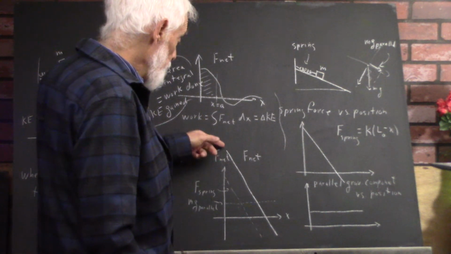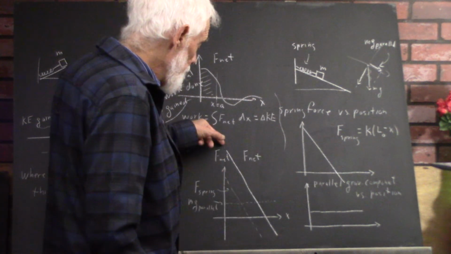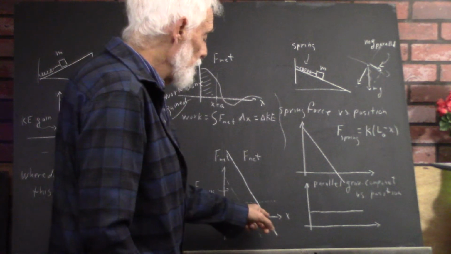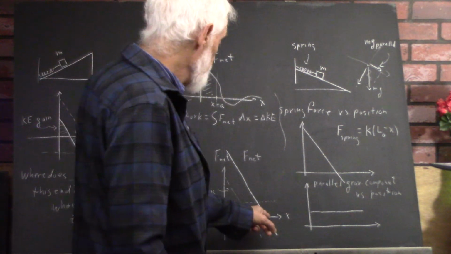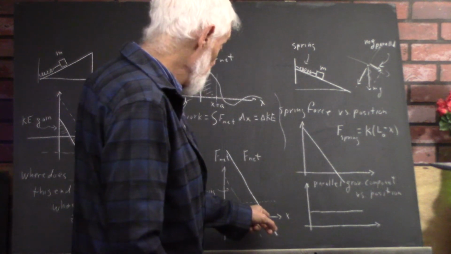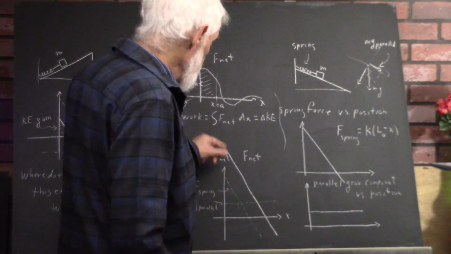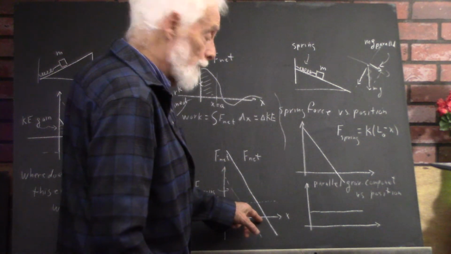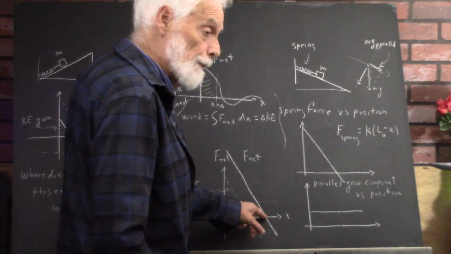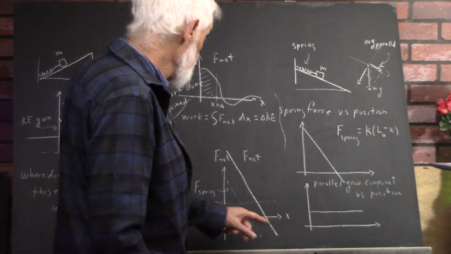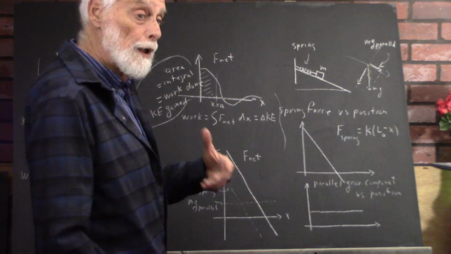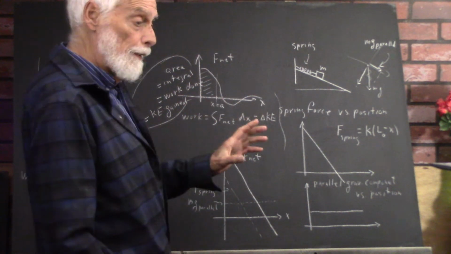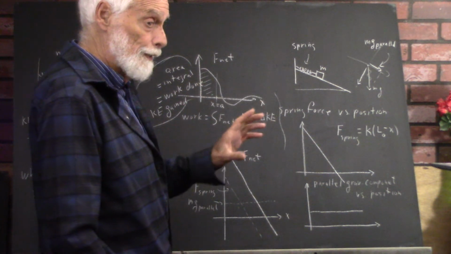The area under here gives you the point at which your kinetic energy starts changing, starts decreasing. And the area under the curve gives you the kinetic energy at that point, which is the maximum kinetic energy of the system. So you might want to think through what I just said. I want to replay that because it's kind of important, and I think I said it right.